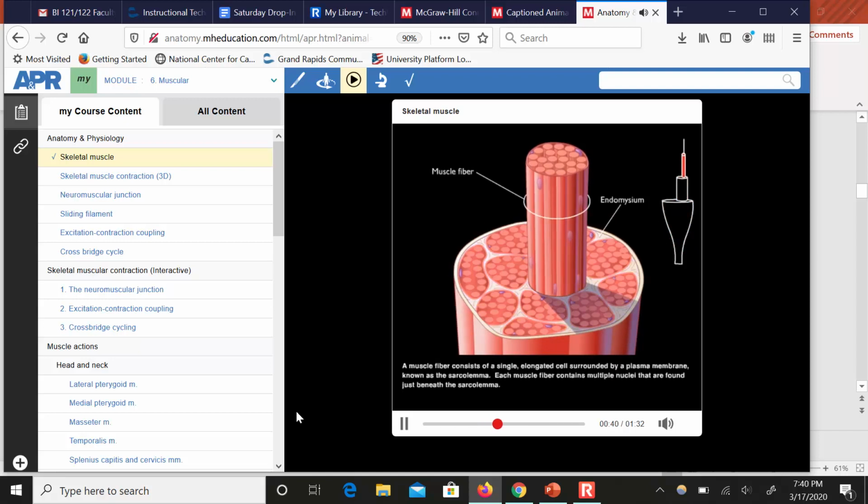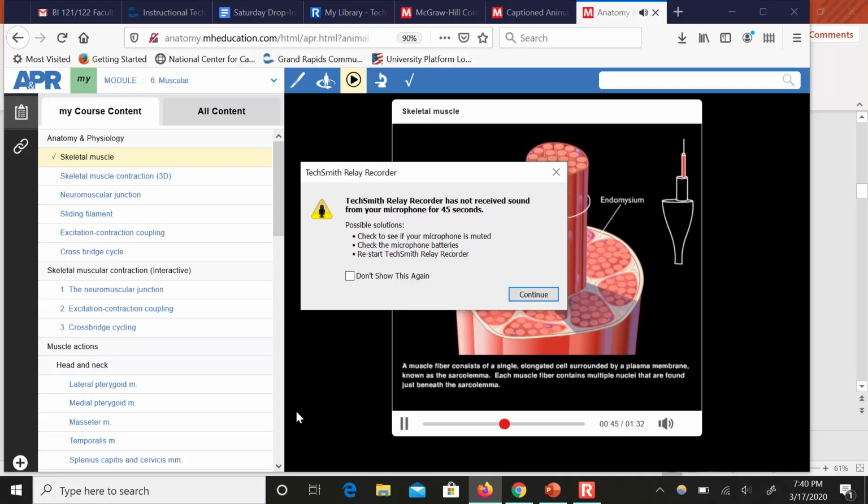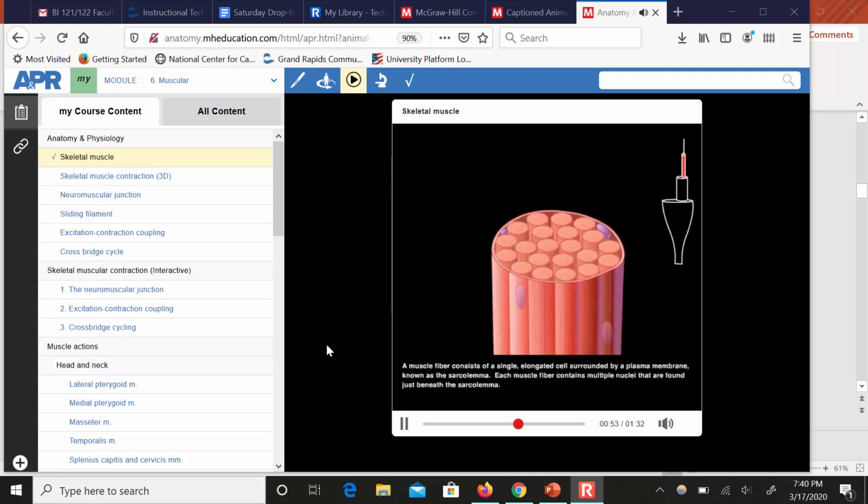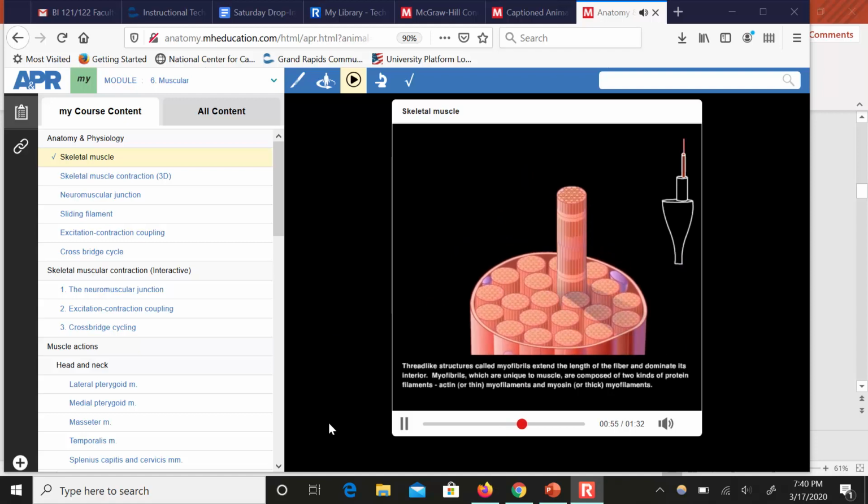A muscle fiber consists of a single elongated cell surrounded by a plasma membrane known as the sarcolemma. Each muscle fiber contains multiple nuclei that are found just beneath the sarcolemma. Thread-like structures called myofibrils extend the length of the fiber and dominate its interior.